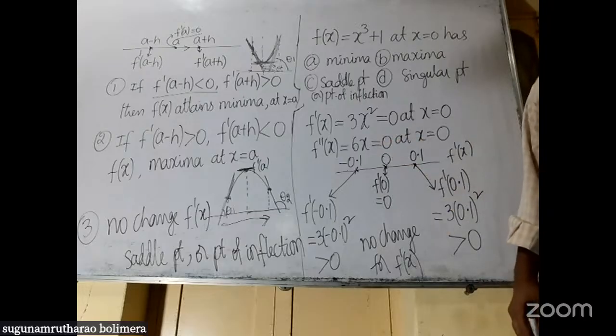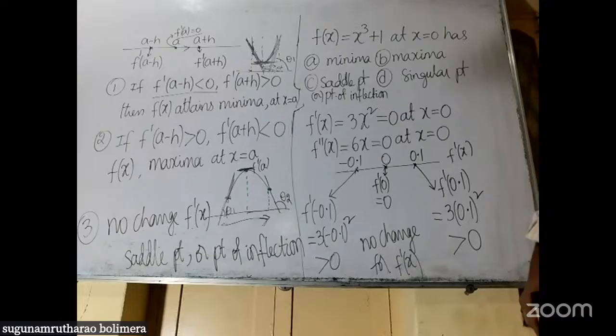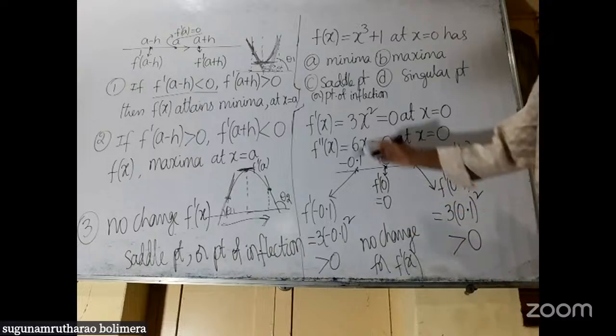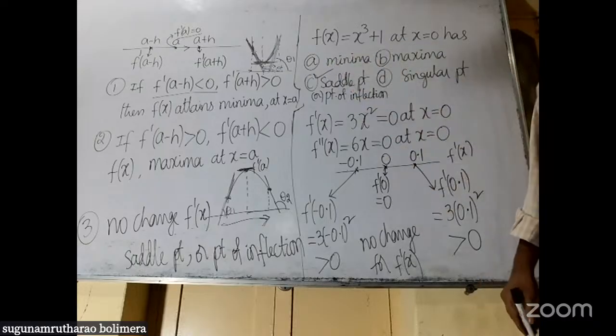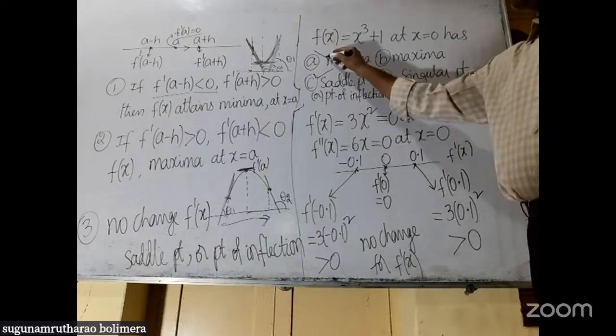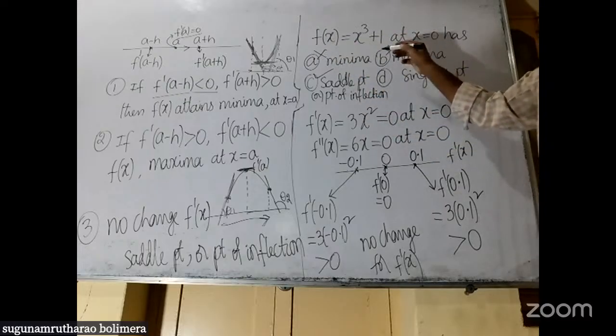That is important. So therefore, the function attains saddle point at 0. Saddle point. No maximum, no minimum.